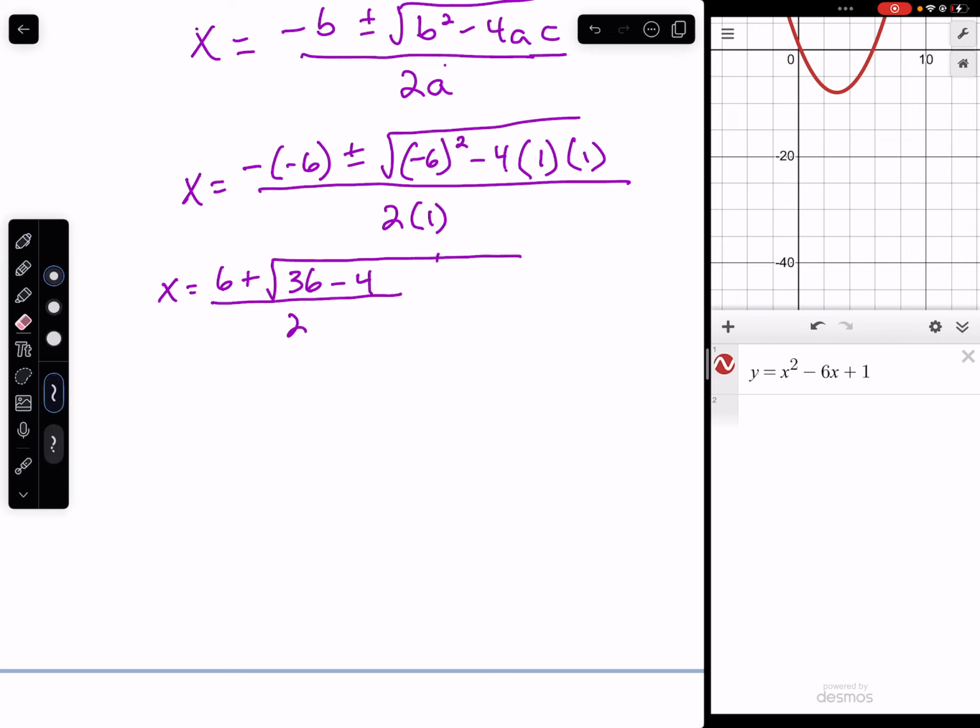All right, so that's one solution. The other solution is the same formula, but this time I use a minus. So 6, because of the minus a negative, minus the square root of negative 6 squared is 36, minus 4, all over 2.